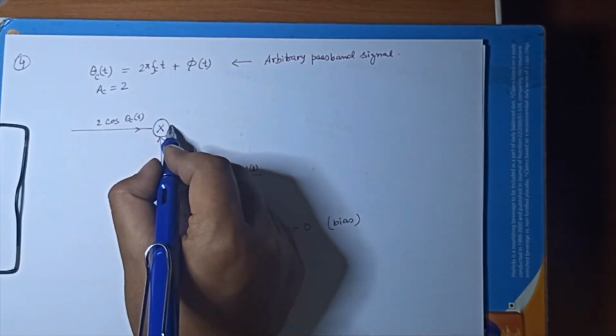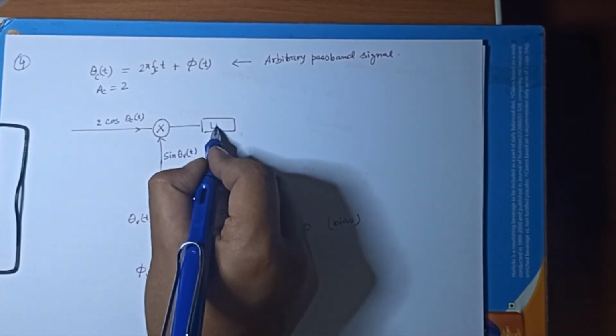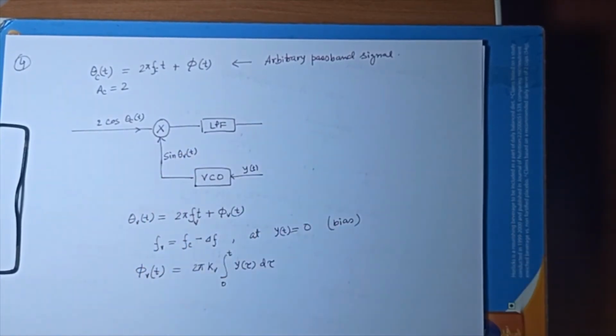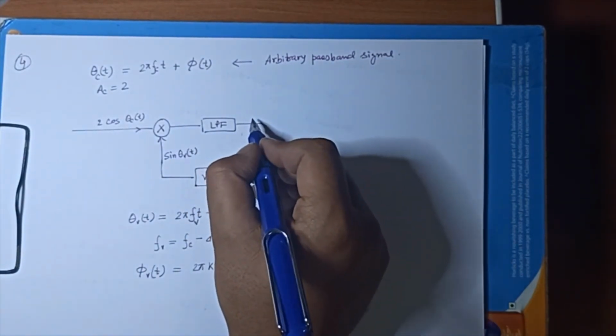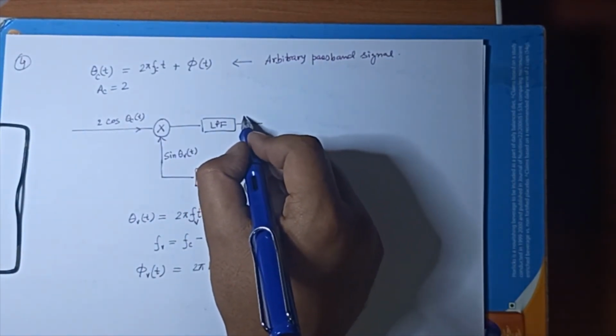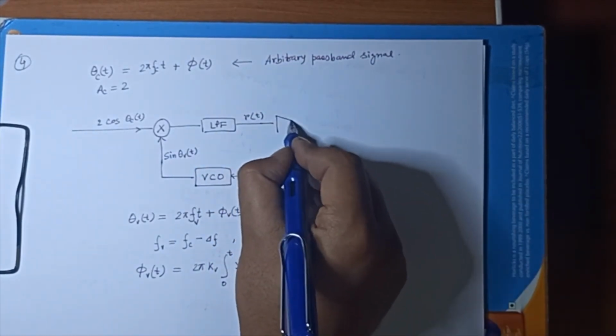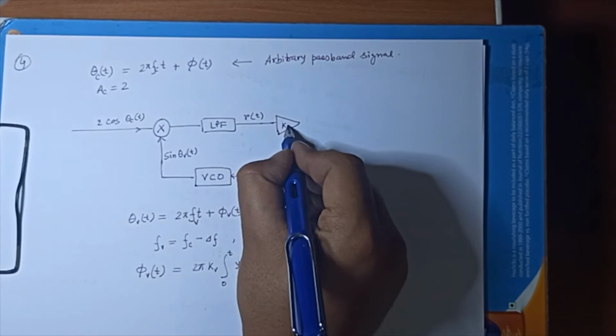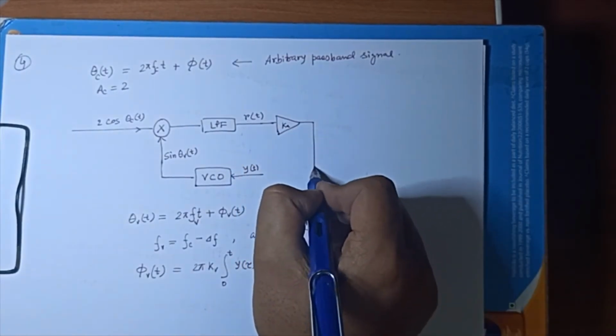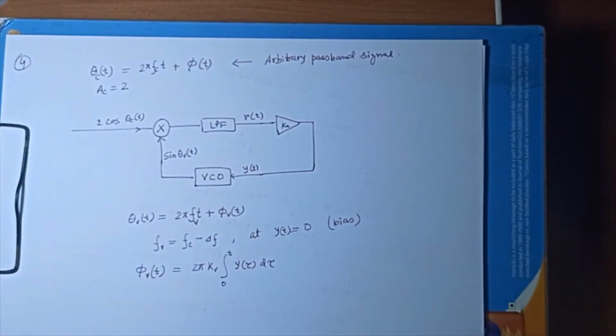Then if you do low pass filtering, what are you expecting? We will do that analysis, it will have some form, say r(t). Then you have some gain, some K_a, and that output is your y(t). So y(t) is basically K_a into r(t).